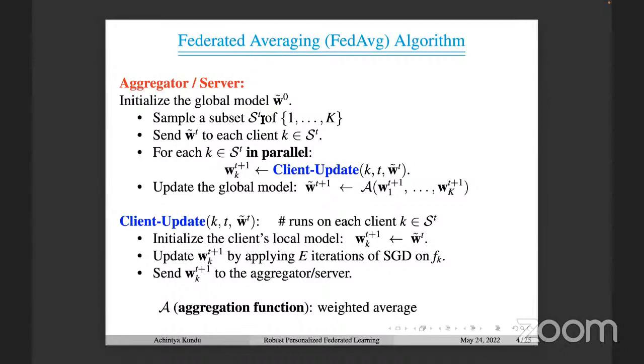So from the optimization angle, the more the client participation, the faster the convergence. From a statistical point of view, the more there is data similarity, if the optimization loss functions F_k are very similar, then also it will converge very fast. Okay, thanks. But in general, we assume only, let's say, 10 to 20% of the clients are available at any particular round.